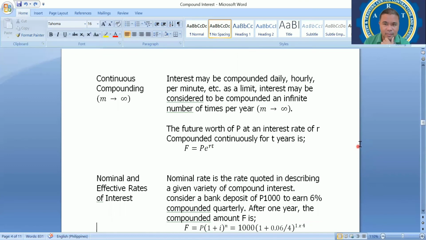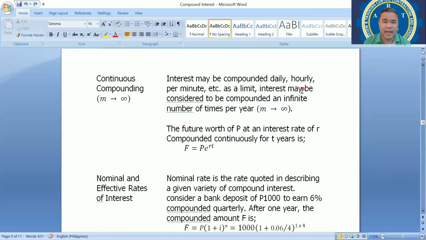Continuous compounding, M equals infinite. In the board exam, if the problem says continuous compounding, it is very simple. It is only the formula F equals P e^(RT).